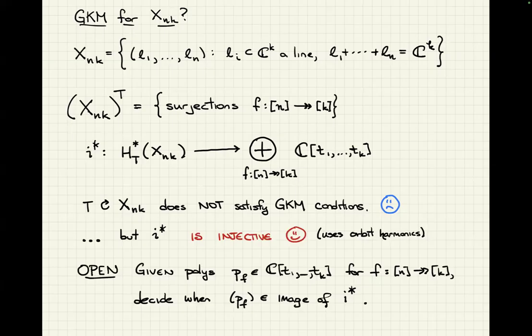And an open problem is, given polynomials p_f corresponding to surjective maps f, is there a nice combinatorial criterion for deciding when the corresponding tuple of polynomials lies in the image of i star? So can you write down just some nice way of deciding this? We have some necessary conditions, but nothing quite sufficient.